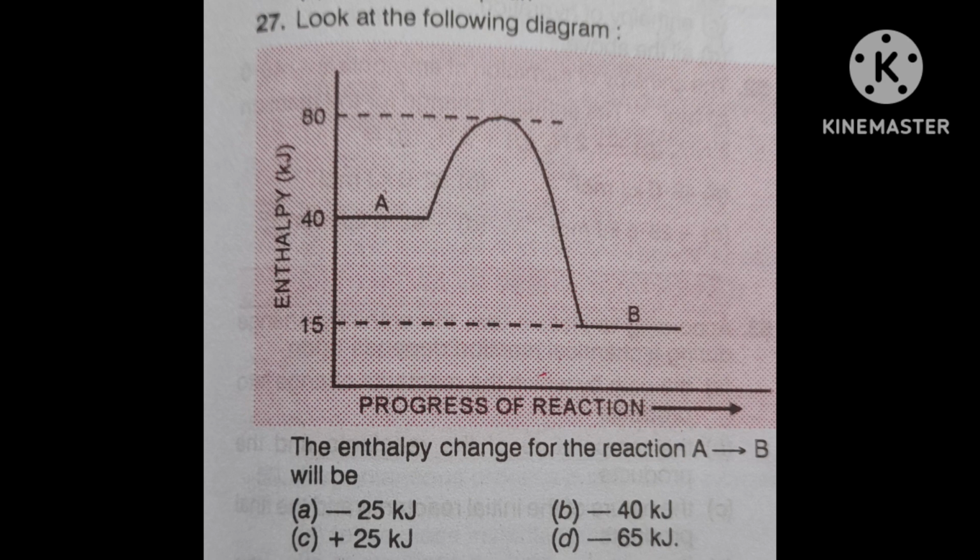Because the product B has enthalpy less, only 15. It is stored only 15. But B is formed from A, which had 40. That's why 25 it will release. That value will be negative. Hence, the first option, minus 25 kilojoule, is correct.